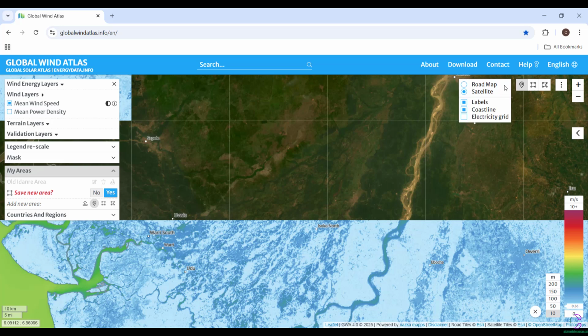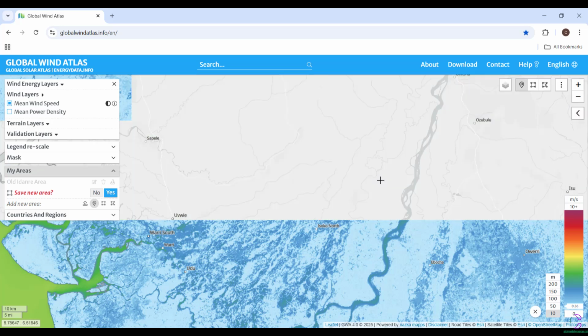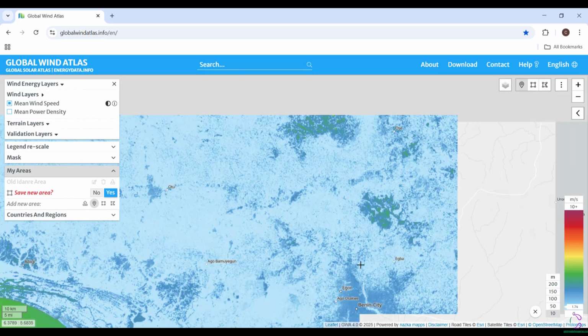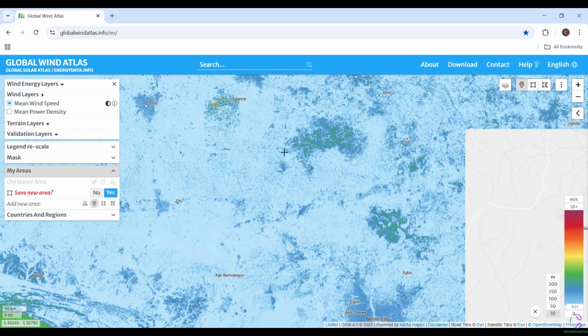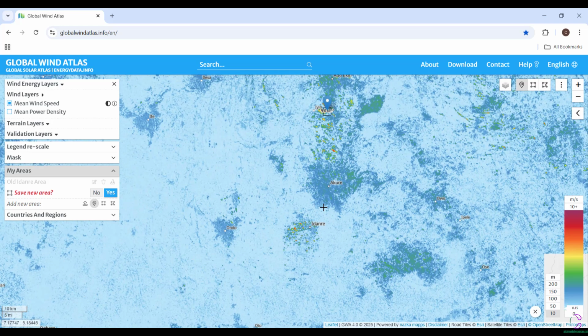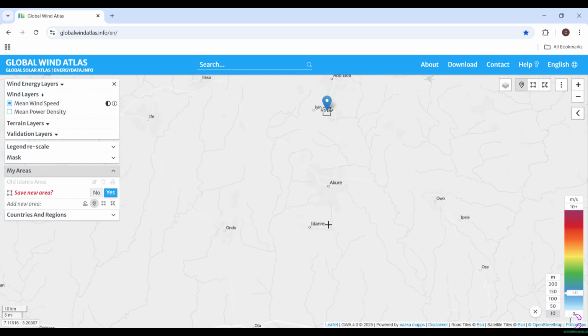So this is layout, so satellite, roadmap, labels, coastline, electricity grid. So let's see the roadmap. So before we're looking at the satellites. If you look at roadmaps, it also helps us to know whether those regions selected within Akure and Idare actually have roads within them.